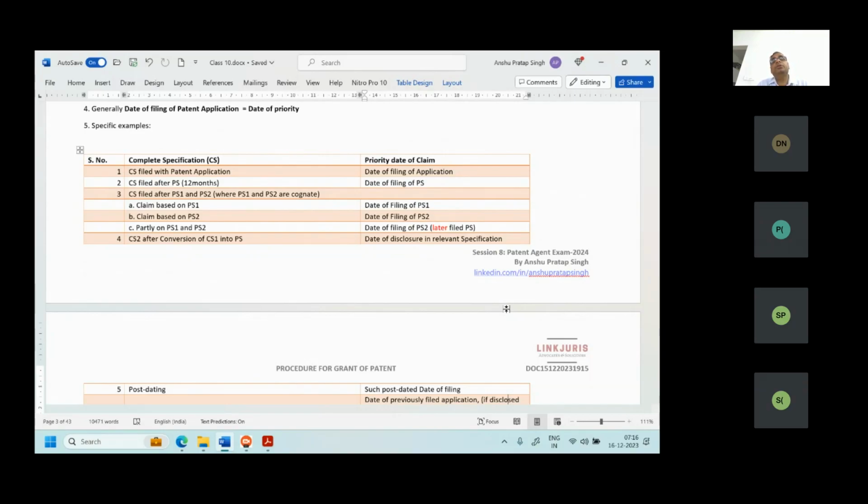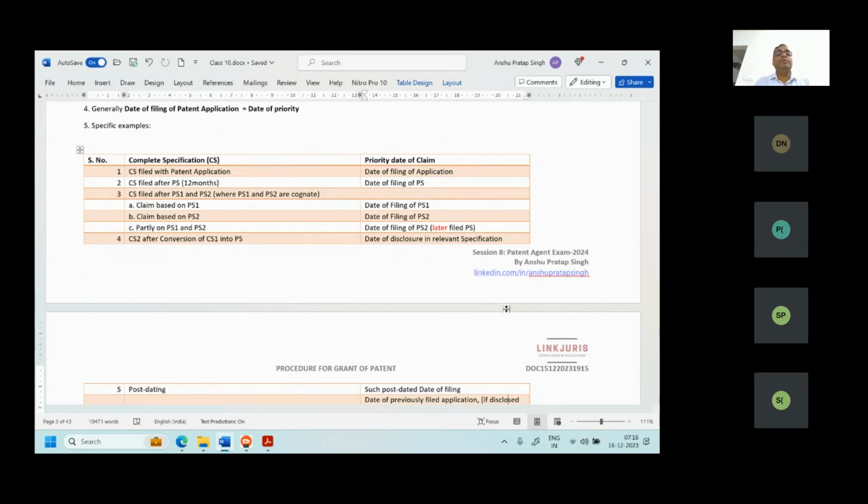However, if it is based on more than one, that is PS1, PS2, PS3, whatever it is, we will take the latest one, the last one, as the priority date for the claim, because we consider that it was only in the last one that it was completely disclosed.